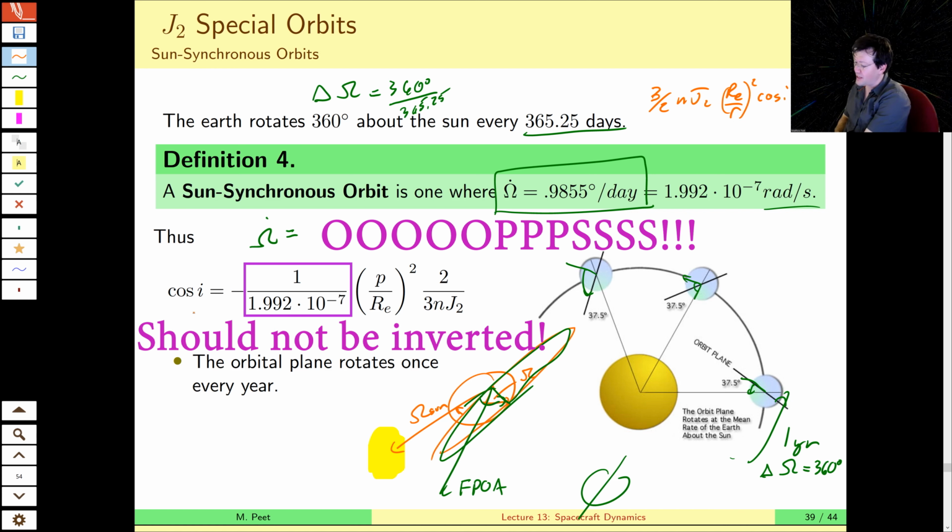Okay, yes, cosine I. Actually, I could have just inverted this formula. There's a 3/2. Oh, and this is p, which comes from that. So I invert this, I solve for I, and we get that, divided by the desired rate, and this is n, mu over a cubed. So we solve for I, and we can get the inclination for a given a.